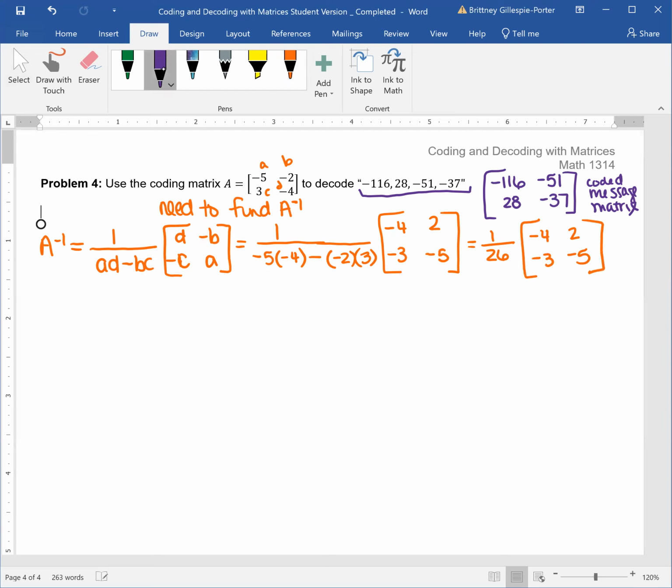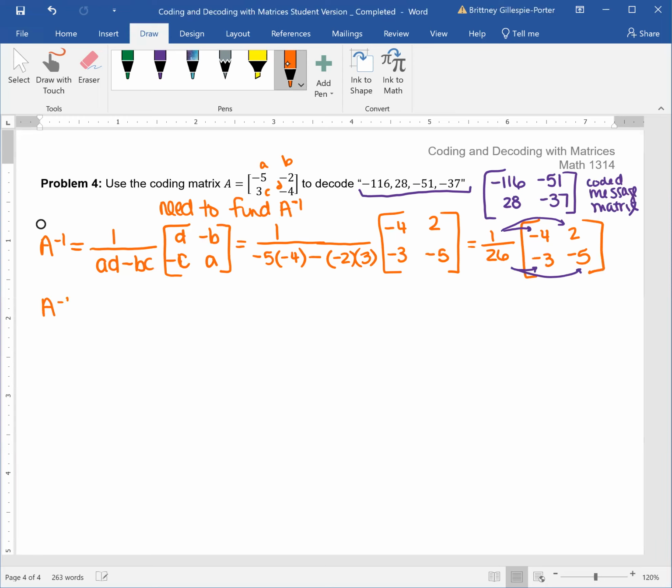We now have multiplication by a scalar, which means that we are going to multiply each of the numbers in our crazy matrix by that scalar and reduce to lowest terms for our fractions. If you're doing this in your calculator and you get decimals, convert back to a fraction. Do not use the decimals. Those round, they will mess up your answers.